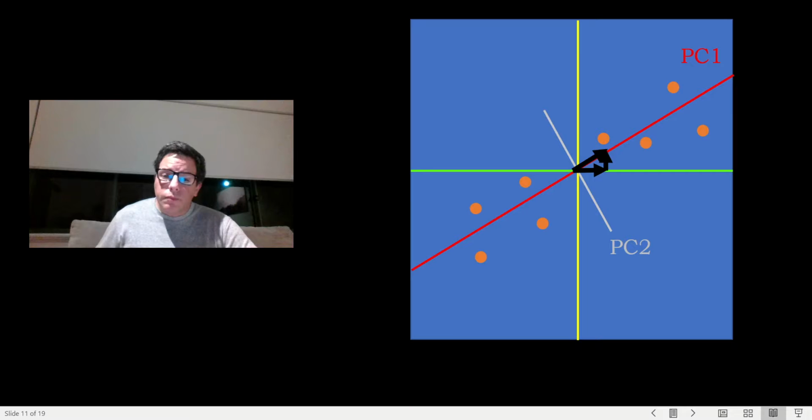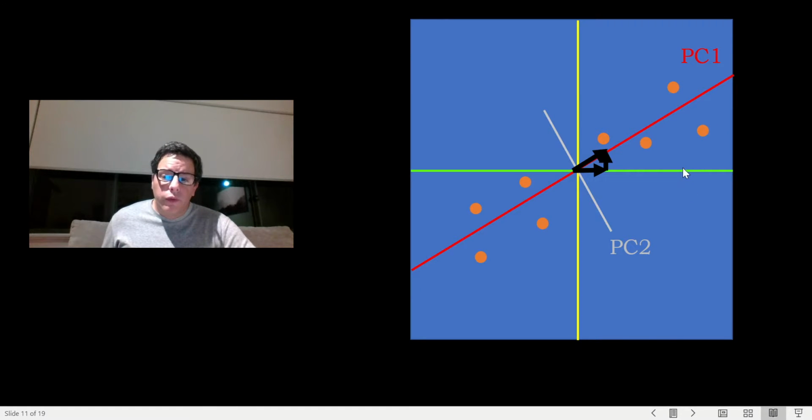But we can determine how much. So we take any value of PC1, but we can take the most extreme, which is this value, for example. And then we calculate the distance between the origin and that value, and then from that value the distance from this horizontal line and the value of principal component 1.